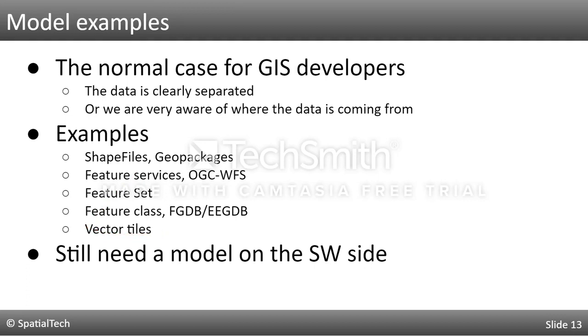Right, so those are all different physical storage formats, right? But if we're going to work with it in code, we still have to load that off of disk and put it into a structure in memory. Okay, so we still need a model on the software side, and then that's up to the developer, yourself. How do they want to load it, right? Well, I'm going to mimic the concept of a georelational table using a Python list, right?